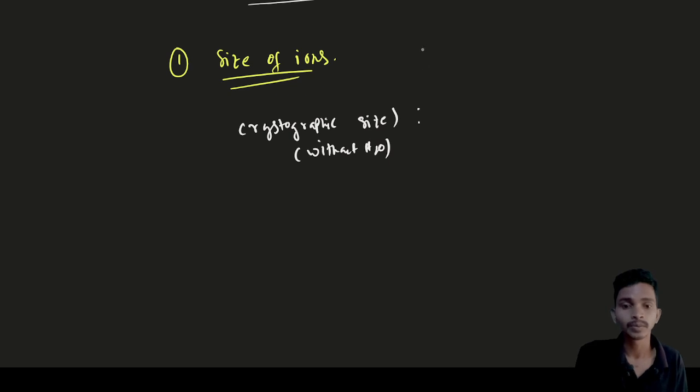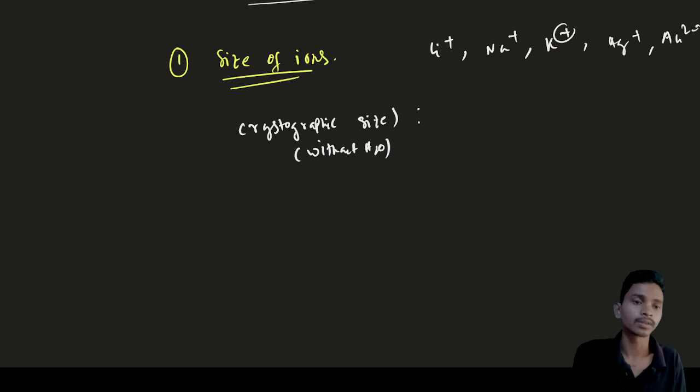So for crystallographic size, we have ions like lithium plus, Na plus, K plus, and we have other ions like Ag plus.